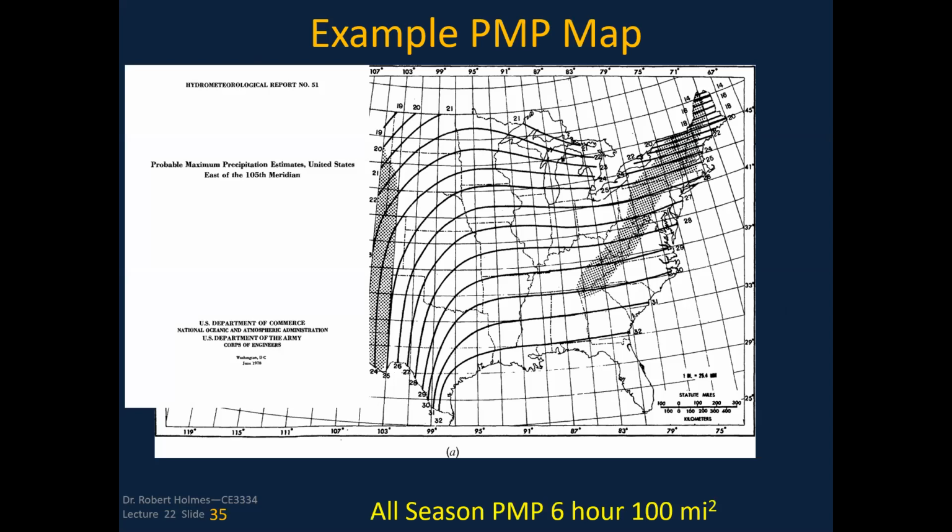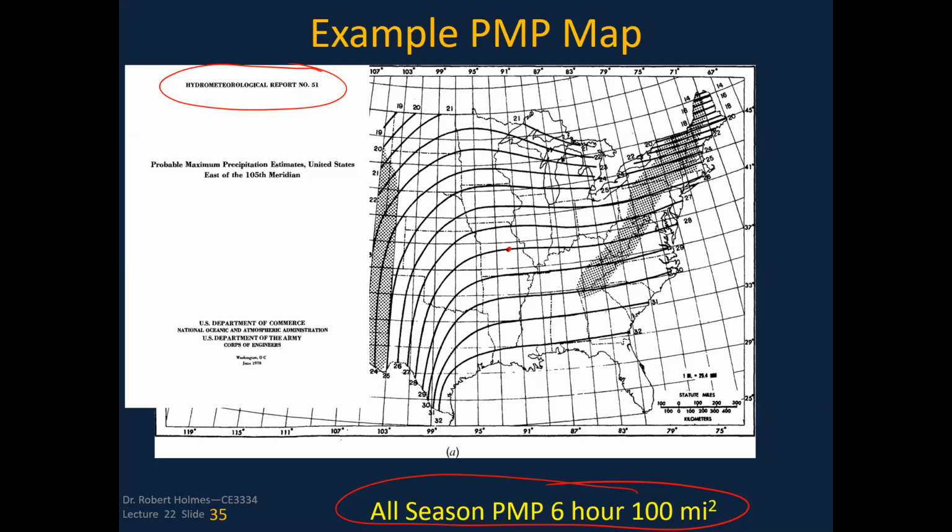This is just what you've got for the PMP out of Hydromet Report 51, which covers the Missouri area. This is for the PMP for a 6-hour, 100 square miles. Here we are in Rolla, somewhere around in here.